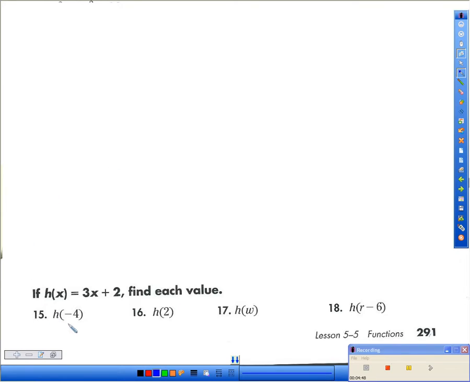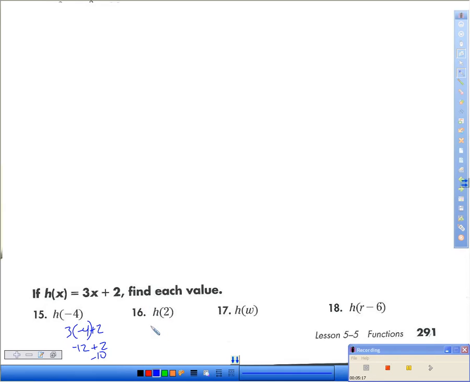But what we need to understand is that this number in parentheses, that says h of -4, is asking what the value of this expression is when our x value, or our domain, is negative 4. So all we need to do for 15 is to think, instead of 3 times x plus 2, 3 times negative 4 plus 2, and then simplify that. That gives us negative 12 plus 2, which is negative 10. So 15 is going to be negative 10.